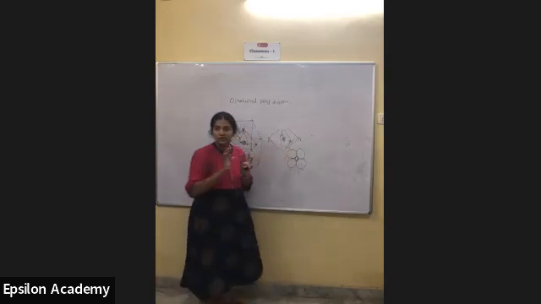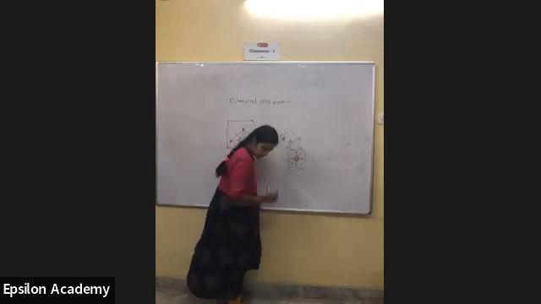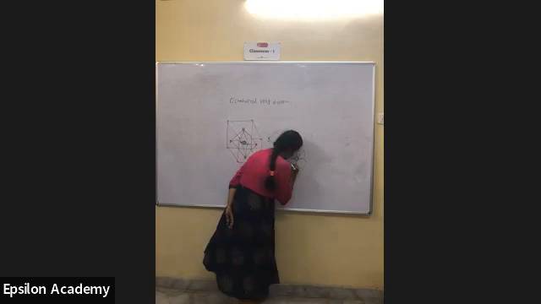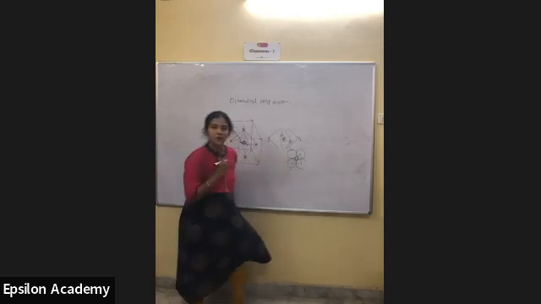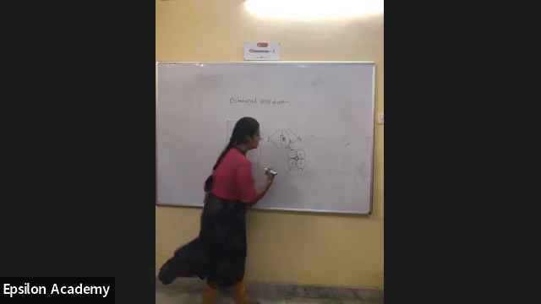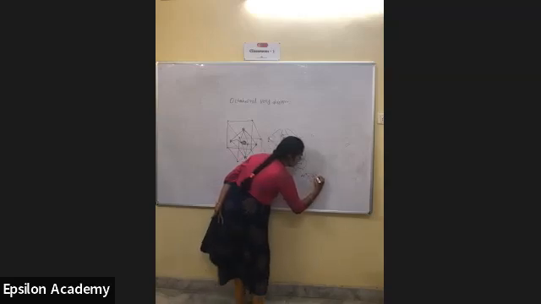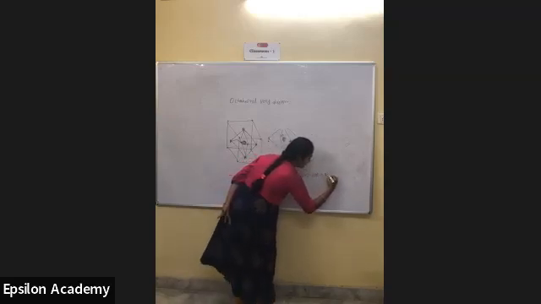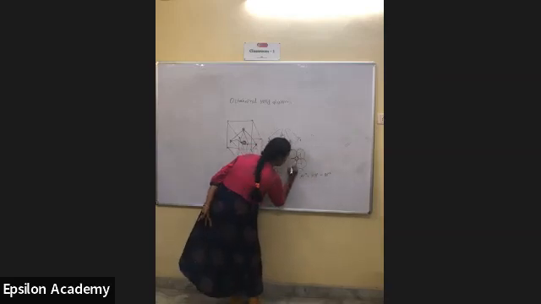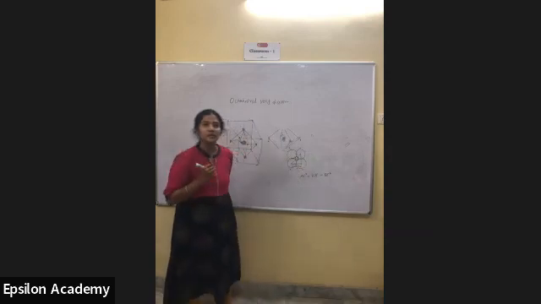Have the imagination. Now I'm taking this triangle A, B, C. Apply the Pythagoras theorem: AC squared is equal to AB squared plus BC squared. This A and B is nothing but R plus R; we are taking this as R, this as R.